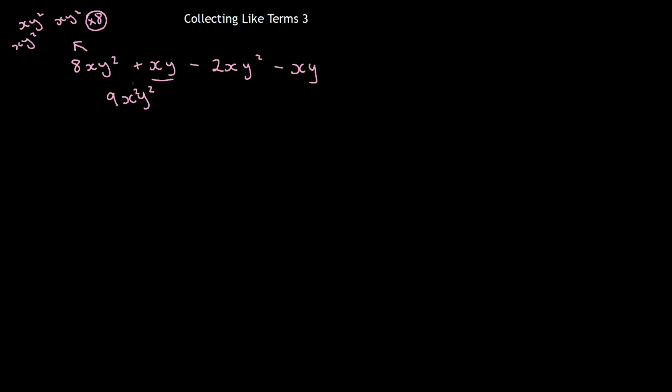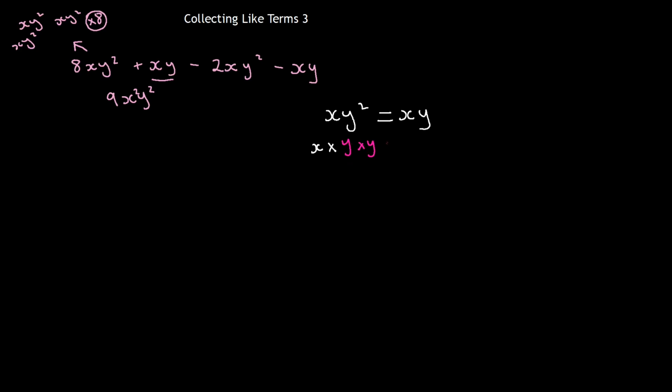Well, let's break things up. Let's go to the right here and ask, is xy squared the same as xy? If you look at the left hand side, what this is telling us is that you have x times y times y, because it's y squared.